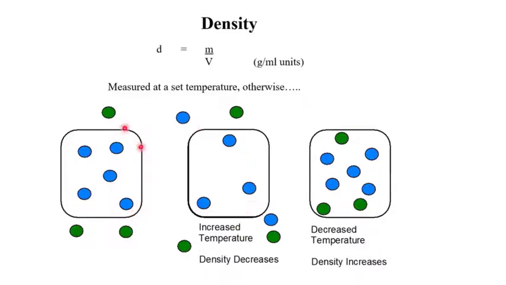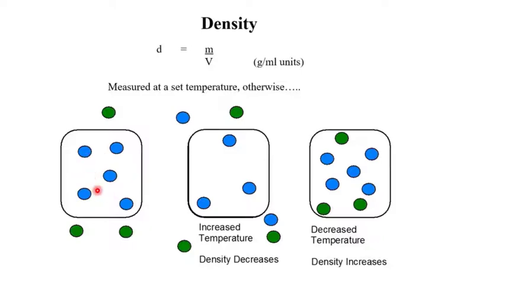So if we look at a sample at, we'll say, 20 degrees Celsius, and if we have marked this area for the measurement of density in our little cartoon here, we're just measuring the mass of those molecules in blue for that given volume. Mass divided by the volume gives density in grams per milliliter.